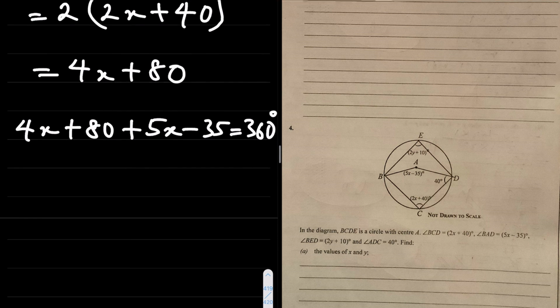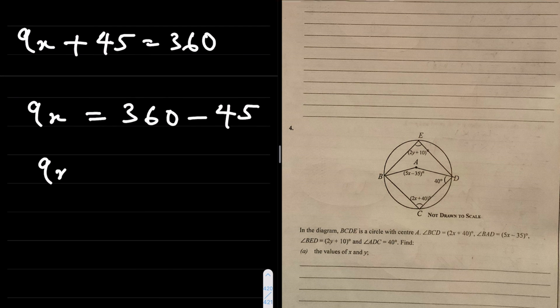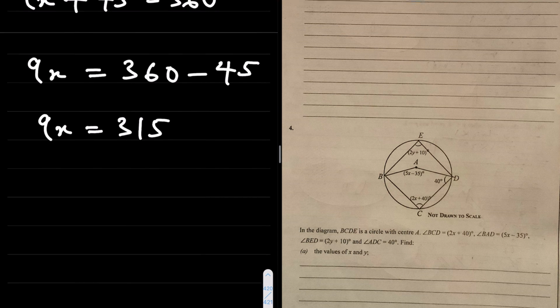Sum of angles at a point. 4x plus 5x is 9x, plus 80 minus 35 is 45, equals 360 degrees, which simply means 9x equals 360 minus 45, and that means 9x equals 315 degrees.